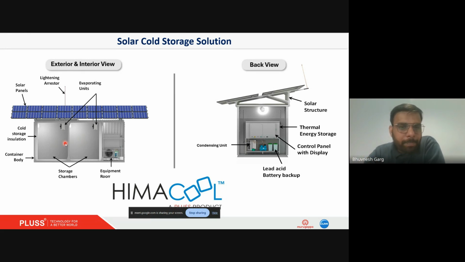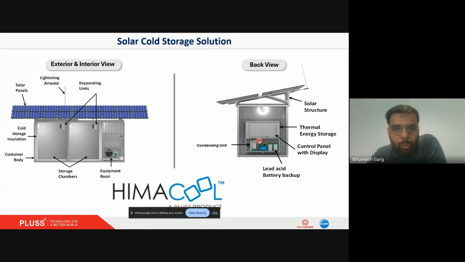So the purpose of multi-chamber is to store different categories of food items in the same cold store, maintained at different temperatures at the same point of time. There is a control panel over the roof of this cold storage, sorry, a control panel on the thermal energy storage, where you can set your temperatures.